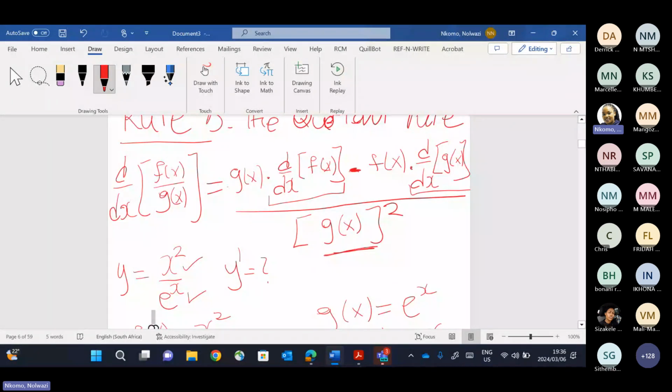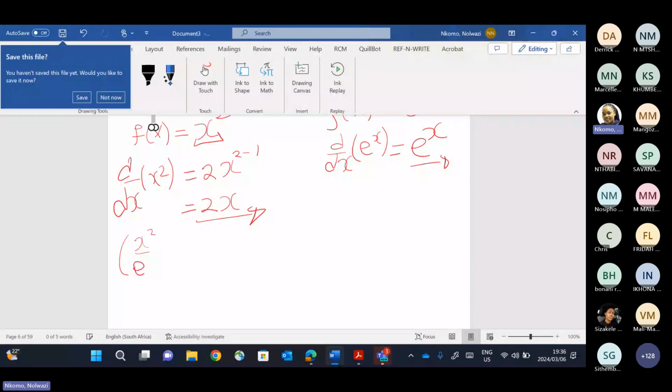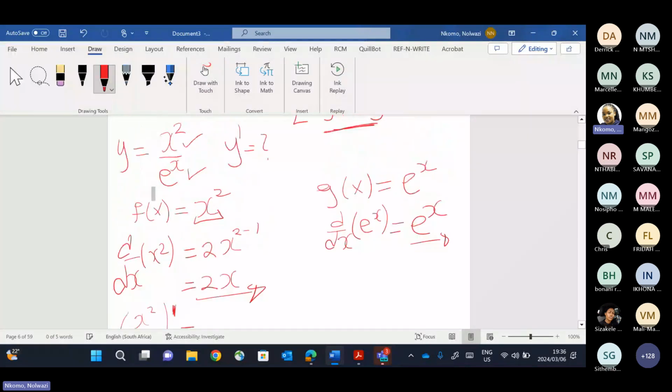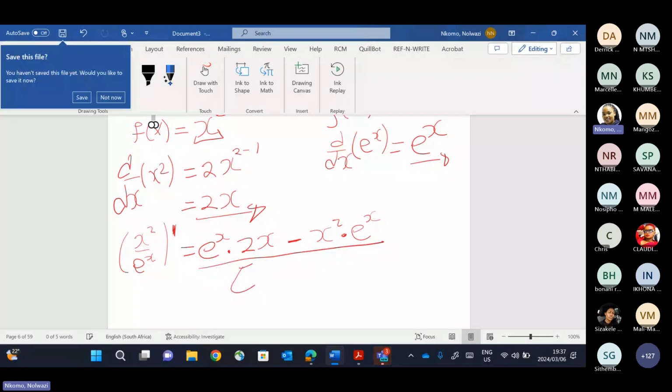So x squared over e to the power x, the derivative of this would be g, which is e to the power x, times the derivative of f, which is 2x, minus f, which is x squared, times the derivative of g, which is e to the power x, over g squared, so over e to the power x all squared.